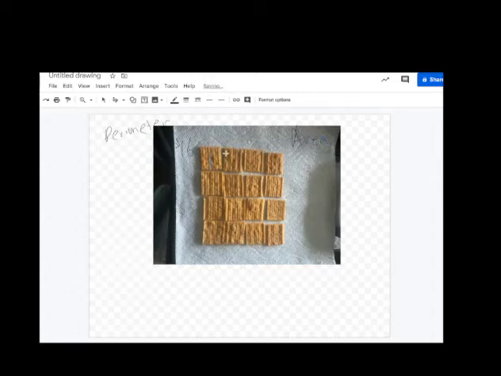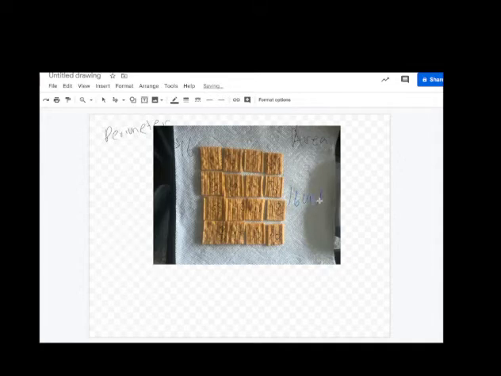So I count the squares. 1, 2, 3, 4, 5, 6, 7, 8, 9, 10, 11, 12, 13, 14, 15, and 16. Well, that's crazy. The area is 16 square units.